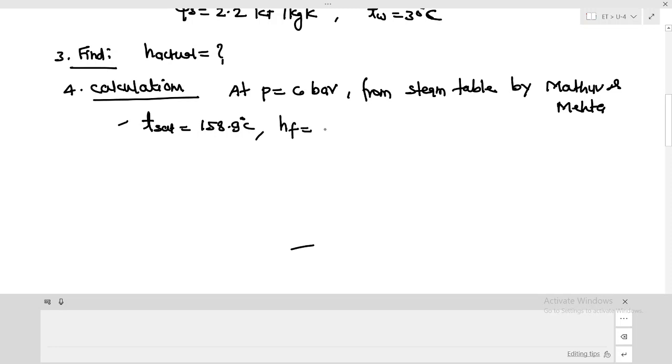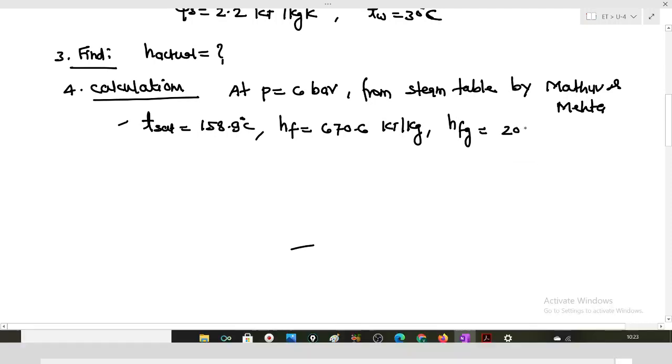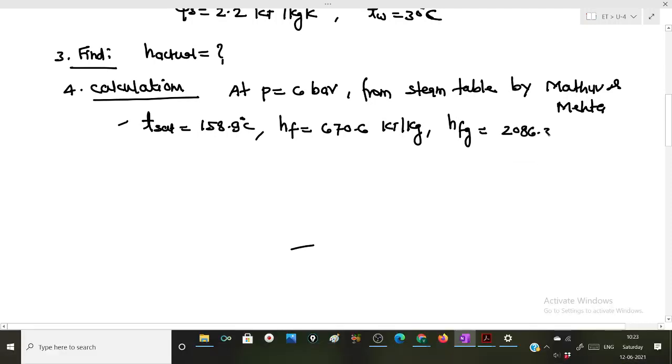HF value is 670.6 and this is kilojoule per kg, and HFG value is 2086.3 kilojoule per kg.